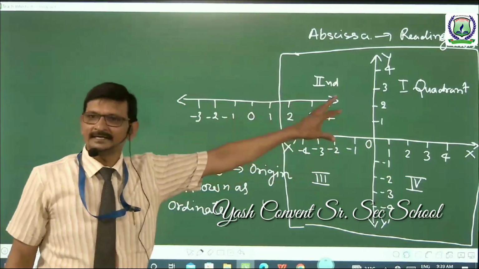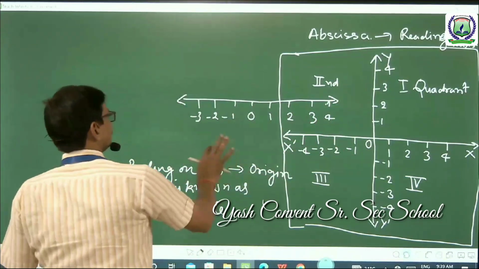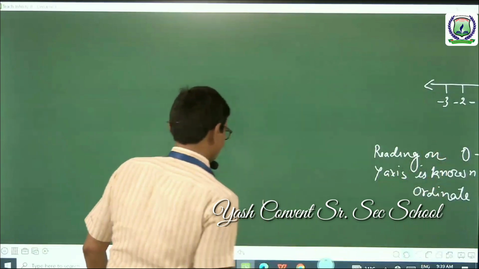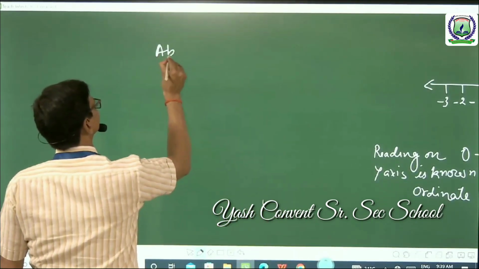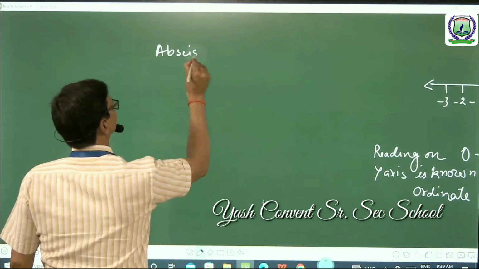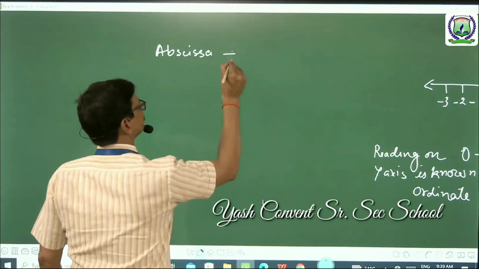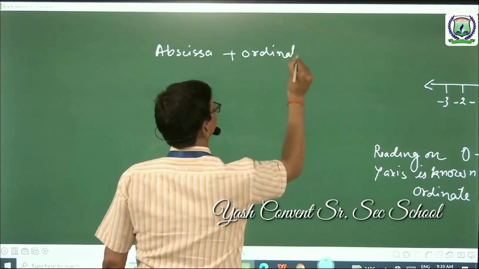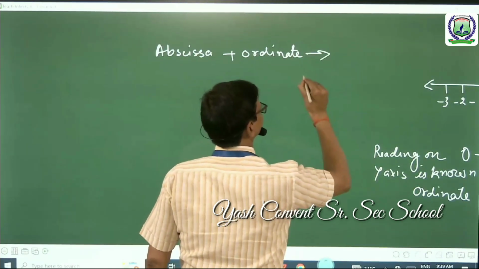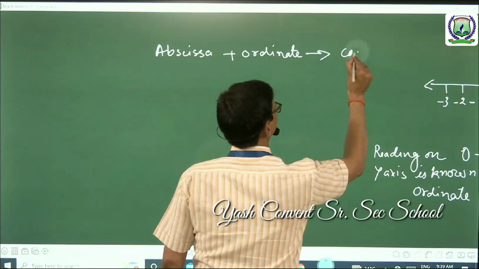These two together, abscissa and ordinate, make the coordinate.